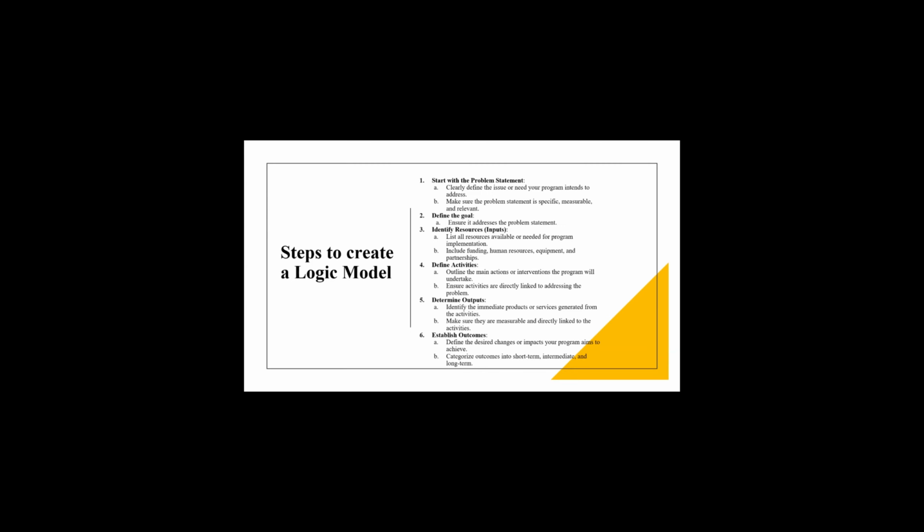And then based on this problem statement, you will define the goal of your project or your program. This should directly be connected to solving the problem that you have identified in the problem statement. And after you have defined the goal of the project, you need to identify the resources or the inputs.